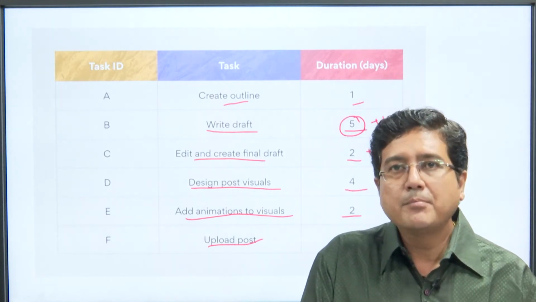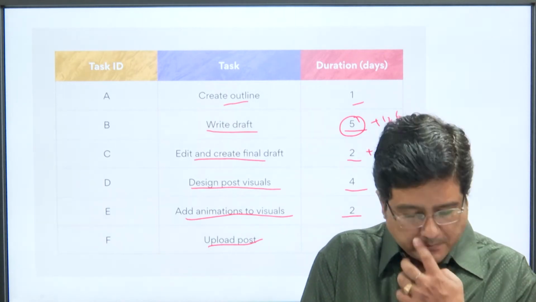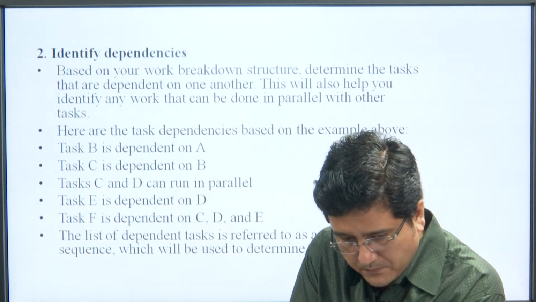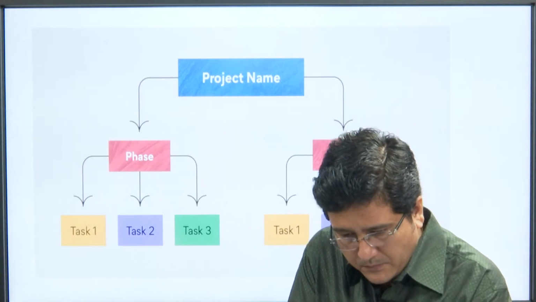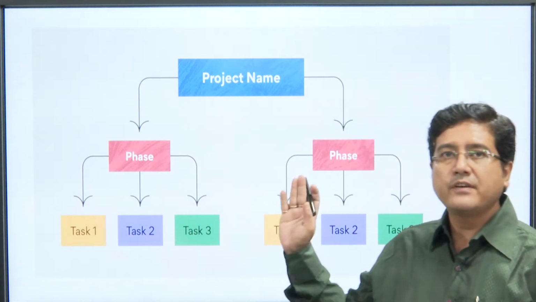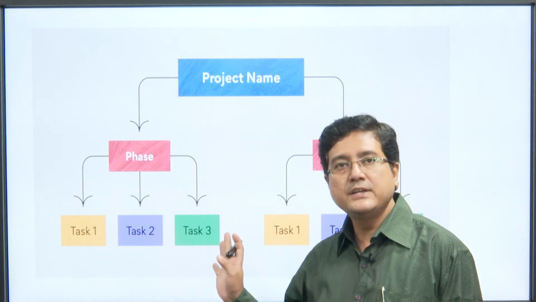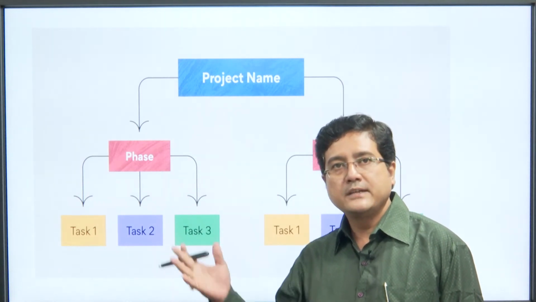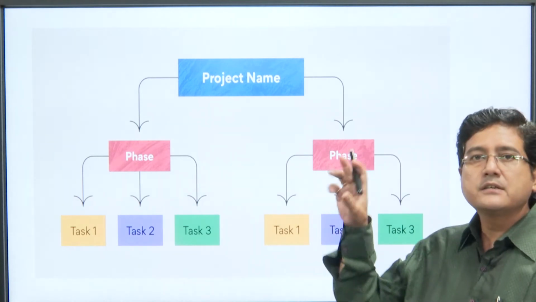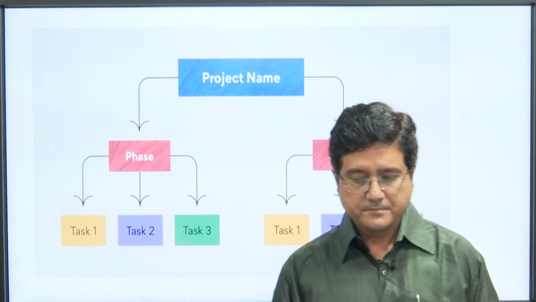It is just an example, but in practice it costs you. See here, like the project name, we have phase 1, phase 2. In phase 1 we have 3 tasks. This is breaking down the things.